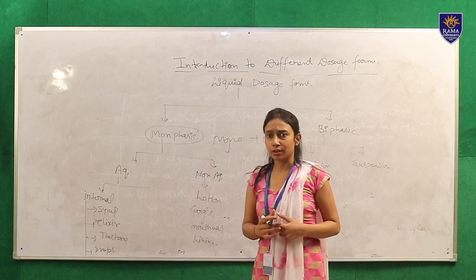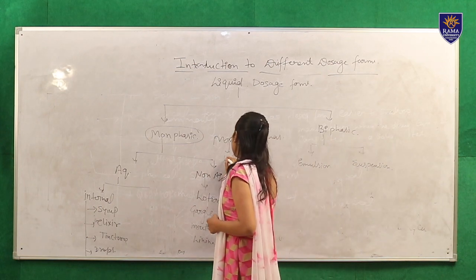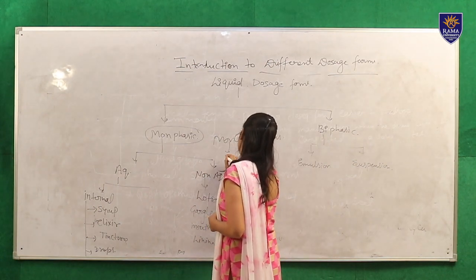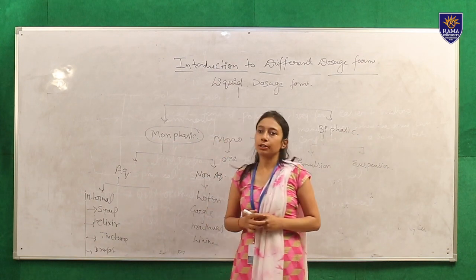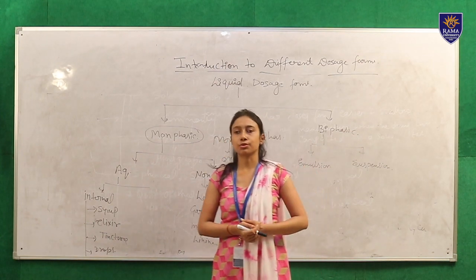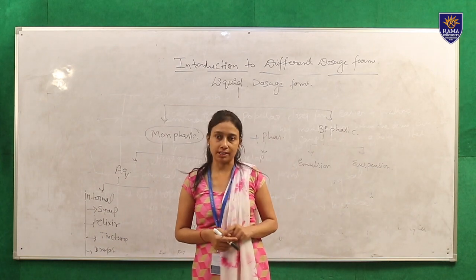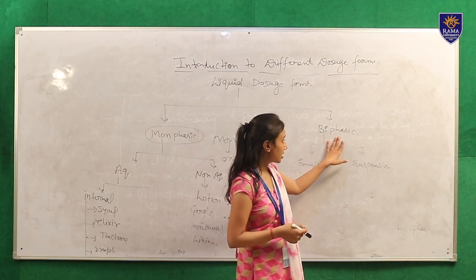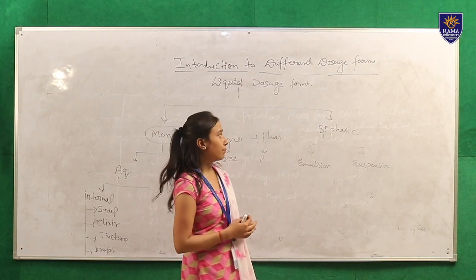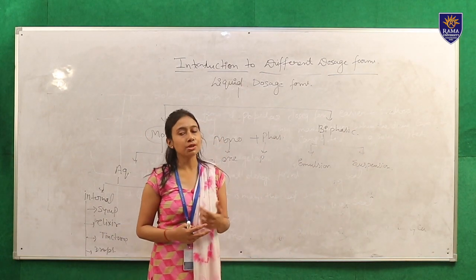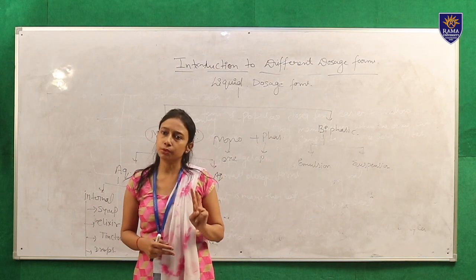Generally, we all know that mono means one and phasic means phase. So monophasic liquid dosage forms are those made by one phase, and in a biphasic liquid system, bi means two and phase means medium or phase. So biphasic liquid dosage forms are those made by two phases.